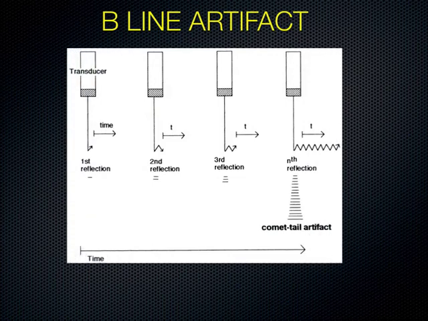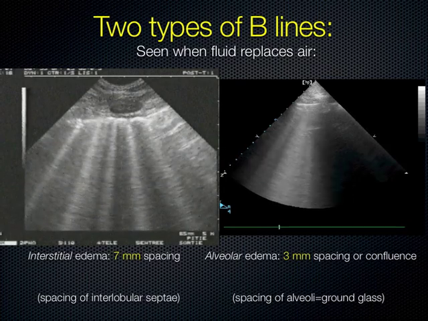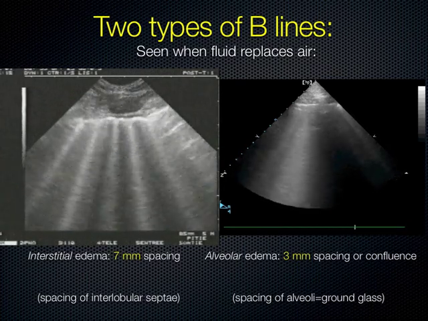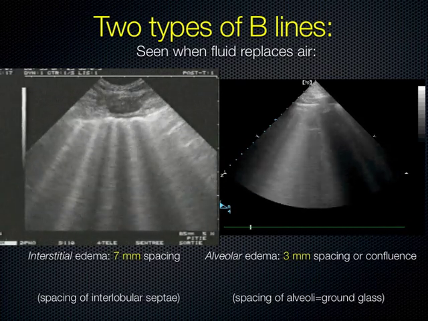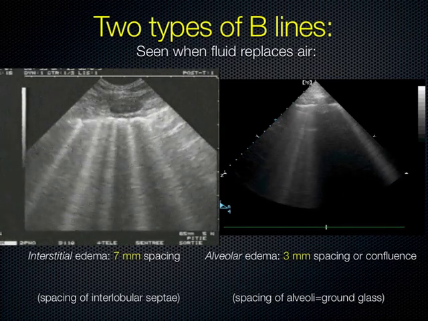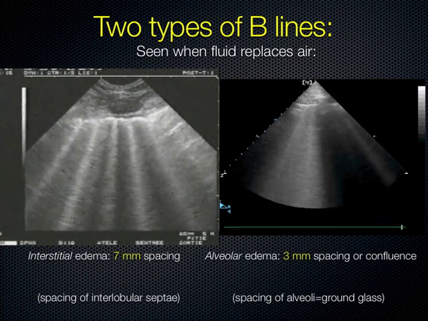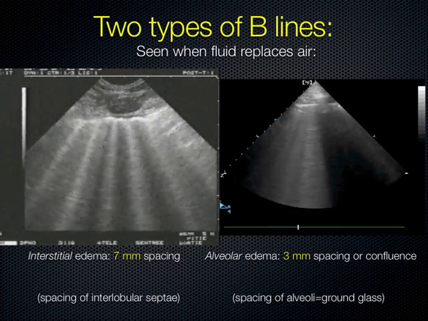You'll see 2 different types or natures of B lines. One is the more gross appearance, which is what you're seeing on the left there. That is interstitial edema. Generally, that's fluid that's in the interlobular septi, but maybe not in the alveoli yet, but still it's a fluid that's not normally in the lung. And those tend to be spaced about 7 millimeters apart up at the chest wall.